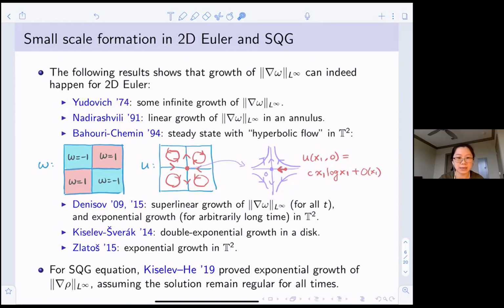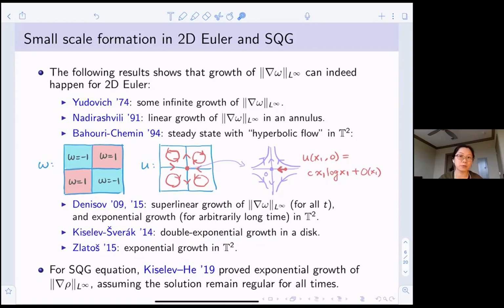So that was the idea of these constructions in 2D Euler, and in particular Kiselev and Sverak show that in a bounded disk, smooth initial data can indeed lead to double exponential growth, which is known to be sharp. And in the torus, the best growth result is by Zlatos, for exponential growth so far.